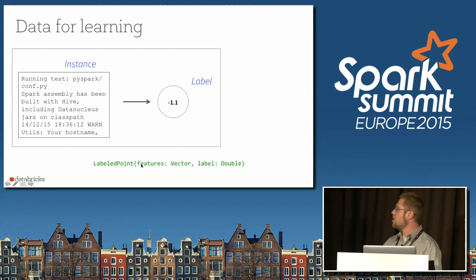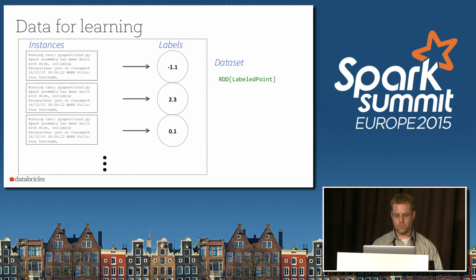The cool thing about this is once you get used to this pattern, all of the different algorithms in Spark that use supervised learning will take a labeled point RDD. So you only have to figure this out once, and then you can run lots of different kinds of training algorithms against this data using the same code.